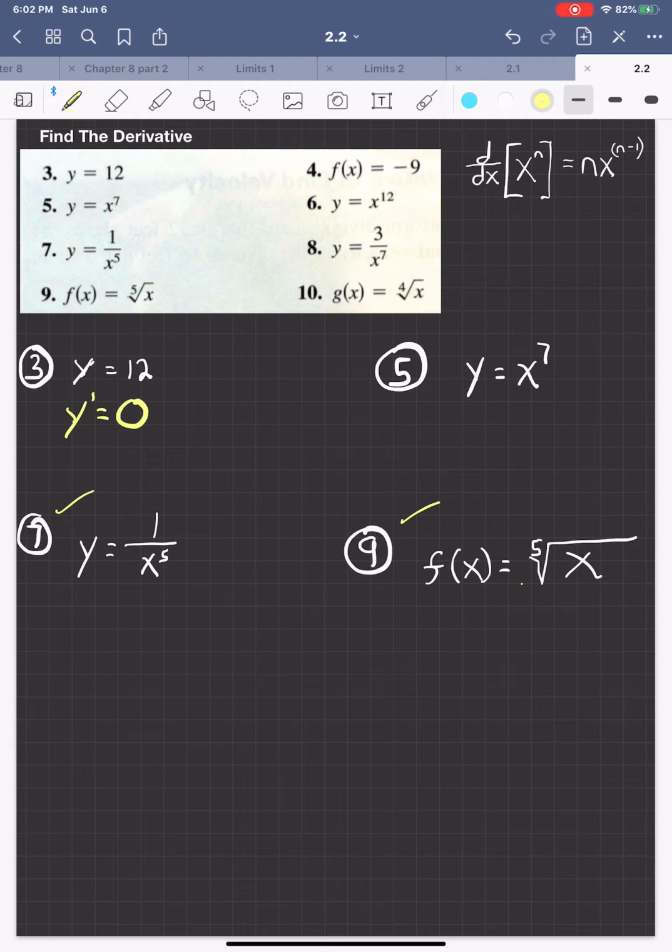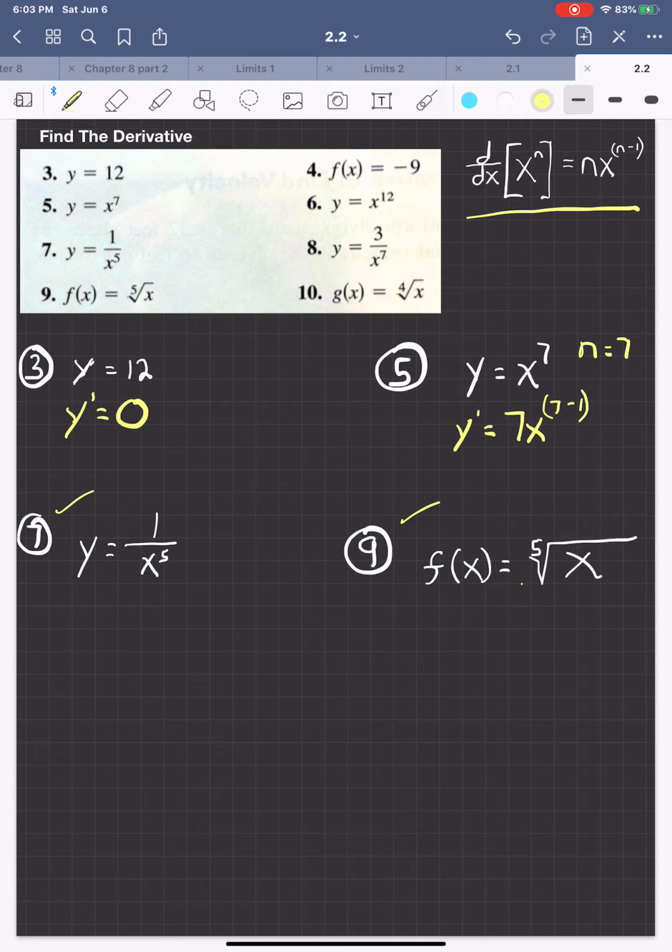For number 5, we have y is equal to x to the power of 7. Using our power rule, in this case our n is equal to 7. Our exponent is 7. So for our derivative, y prime, we're going to bring that exponent out front: 7 x to the power of 7 minus 1.